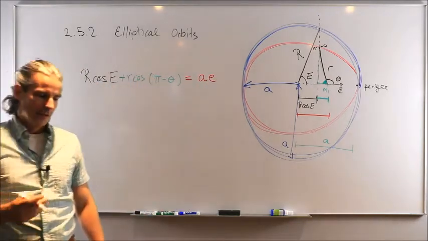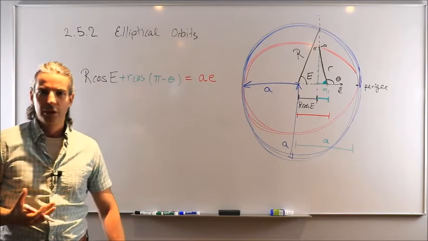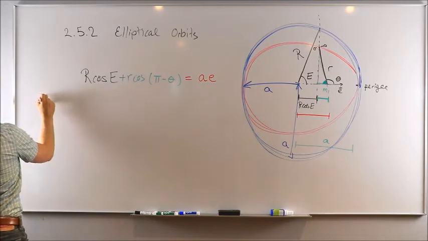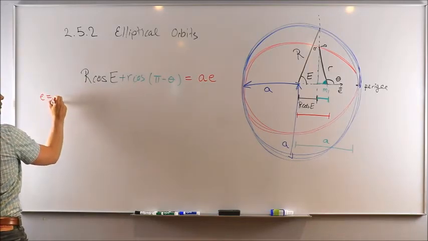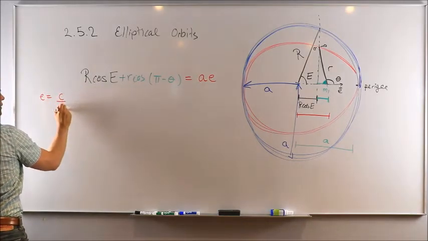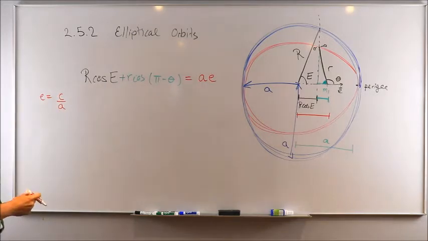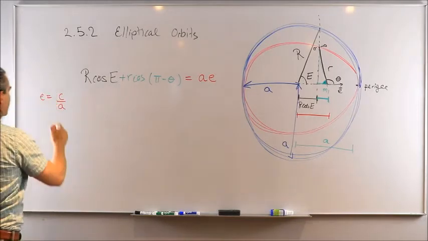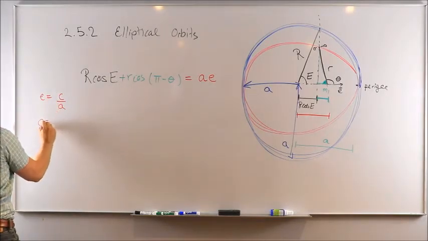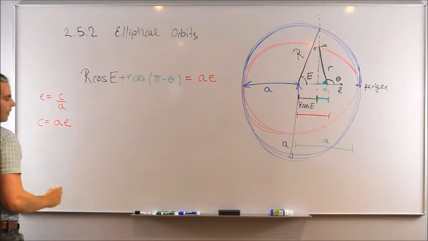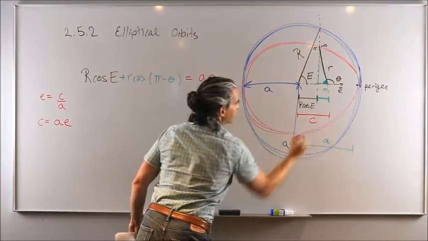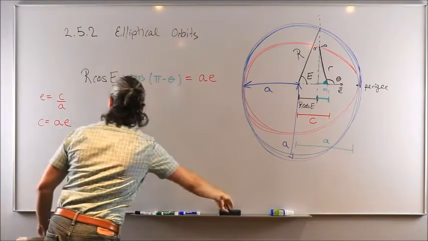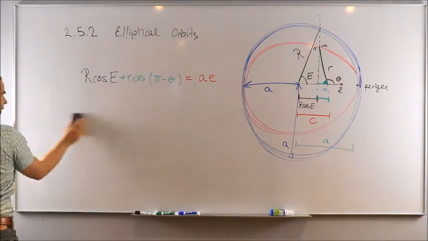Remember, when we talked about elliptical orbits a couple of lectures ago, we said that the eccentricity was equal to C over A, where C is the distance from the center of the ellipse to either focus, such that we can now say that C is equal to AE, where C is this side here in red.